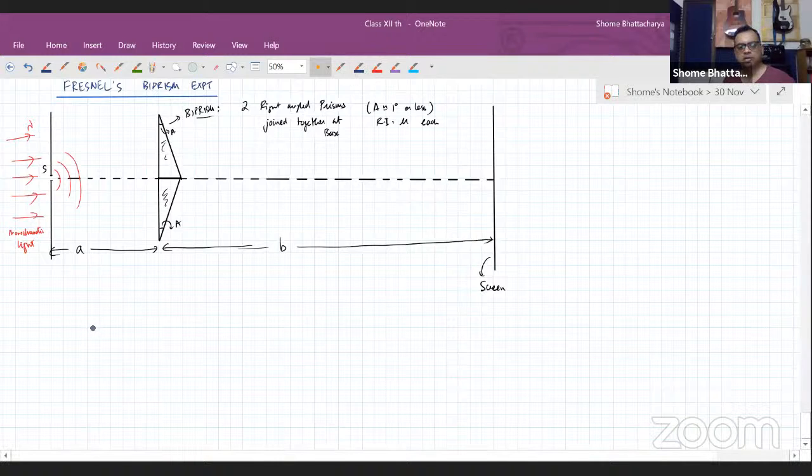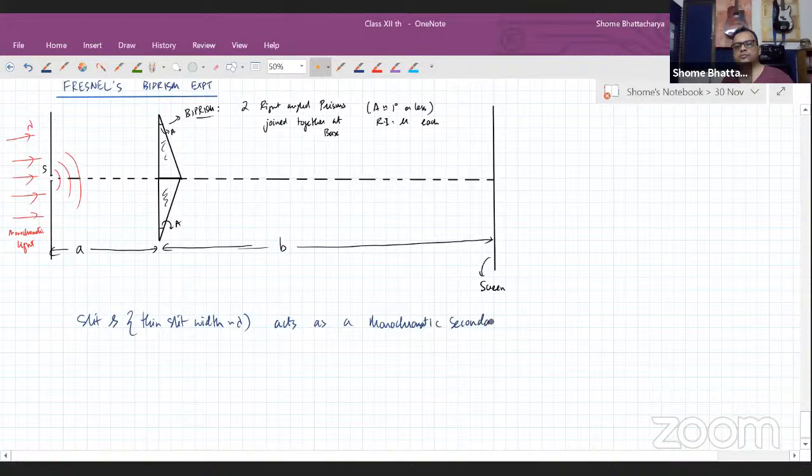So firstly, the slit S is of thin slit width, of the order of lambda, like you have in YDSE, that kind of slit. So that slit acts as a monochromatic secondary source, producing coherent monochromatic light.